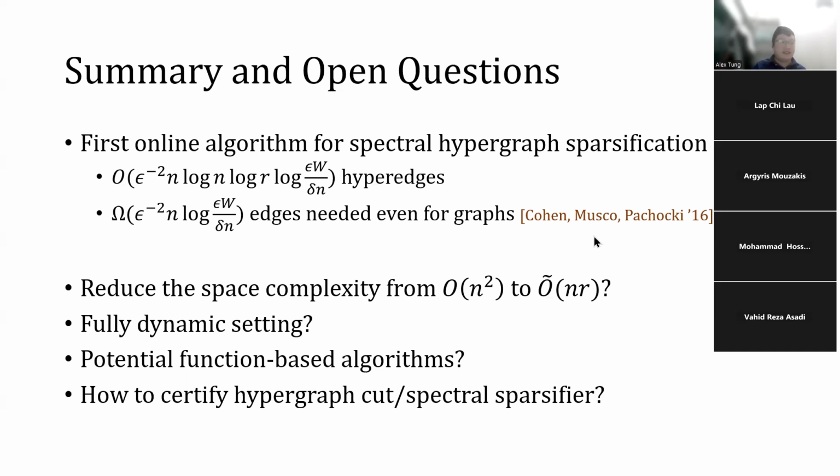As long as you're in the online setting, no matter how much working memory you have, you still need this lower bound of n log epsilon w divided by delta n divided by epsilon squared. So that means our algorithm uses just n squared working memory, but the number of hyperedges is already pretty close to the lower bound. Does that answer your question?